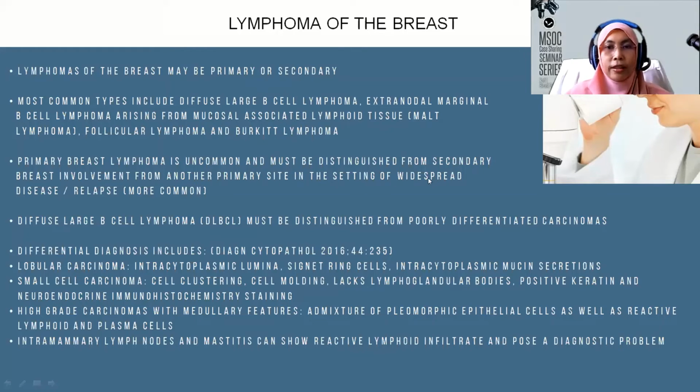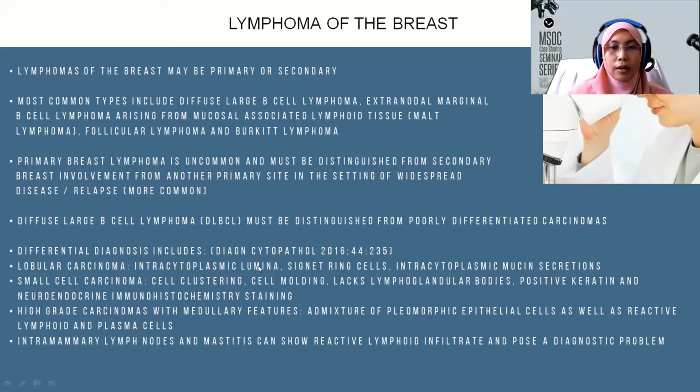So it must be distinguished from secondary breast involvement from another primary site in the setting of widespread disease or relapse. Diffuse large B-cell lymphoma must be distinguished from poorly differentiated carcinomas. Okay, this is the dilemma for the reporting pathologist while diagnosing the smears. Differential diagnosis includes lobular carcinoma.